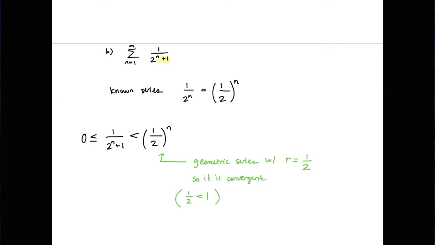So if we have the bigger series being convergent, by the comparison test, the smaller series must also be convergent. So by the comparison test, our series 1 over 2 to the n plus 1, n ranging from 1 to infinity, is convergent.